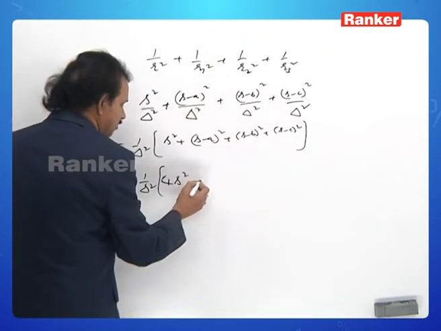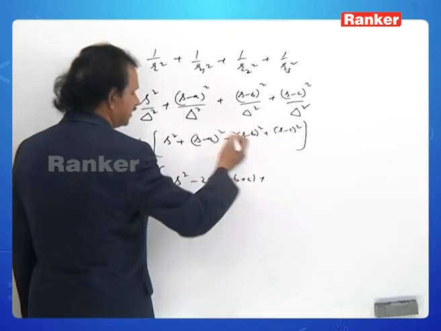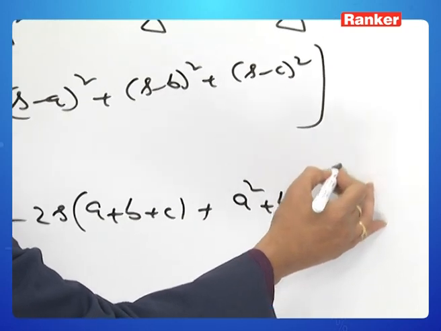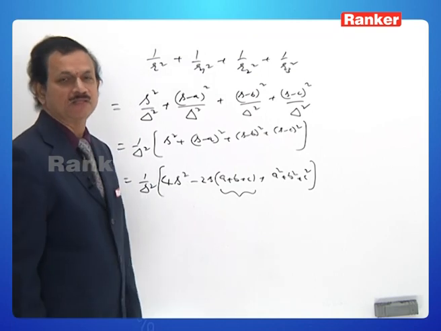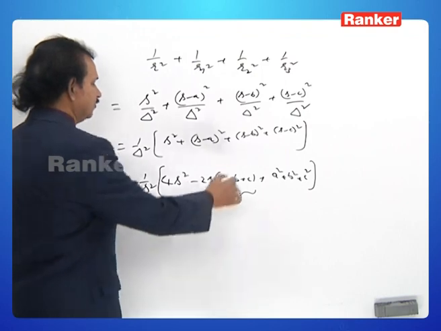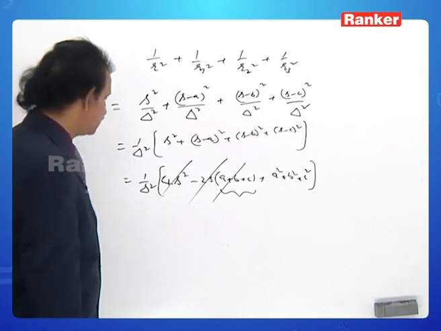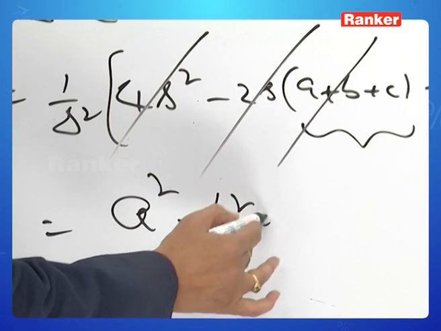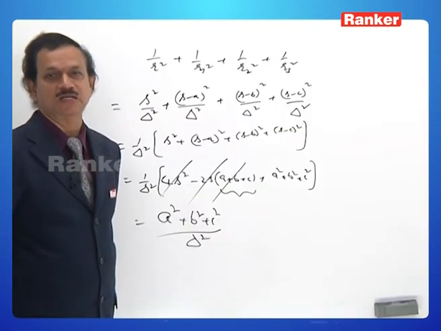Minus 2s into a plus b plus c. And the third term, a square plus b square plus c square. What is a plus b plus c? It is 2s. 2s into 2s, 4s square. So that 4s square and 4s square can be cancelled. What do you have at the end? It is just a square plus b square plus c square by delta square. That's it. That is the answer.